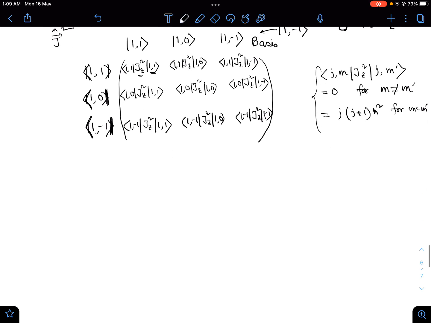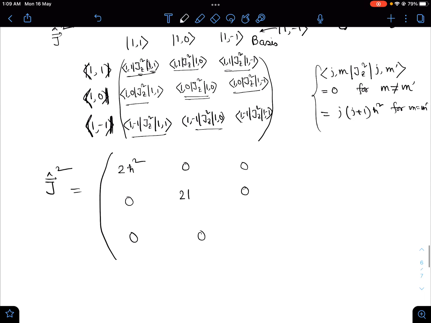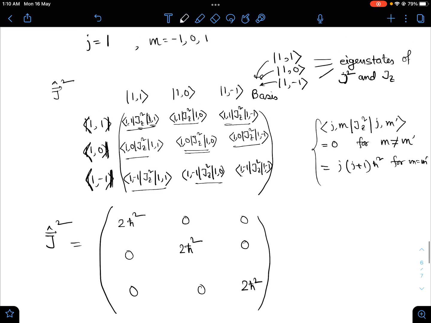Using this relation we can write the matrix representation of the jz squared operator. Here j value is 1, so we have 2ħ² on the diagonal, and the off-diagonal terms are 0. The j value is 1 for all the eigenstates.